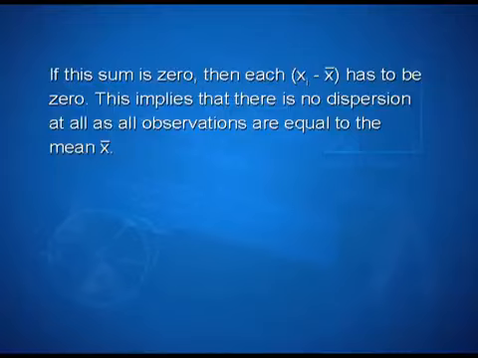If the sum is 0, then each xi minus x bar has to be 0. This implies that there is no dispersion at all, as all observations are equal to the mean x bar.